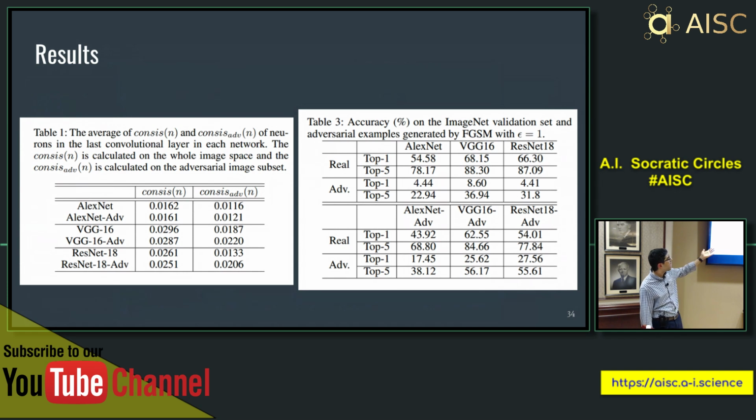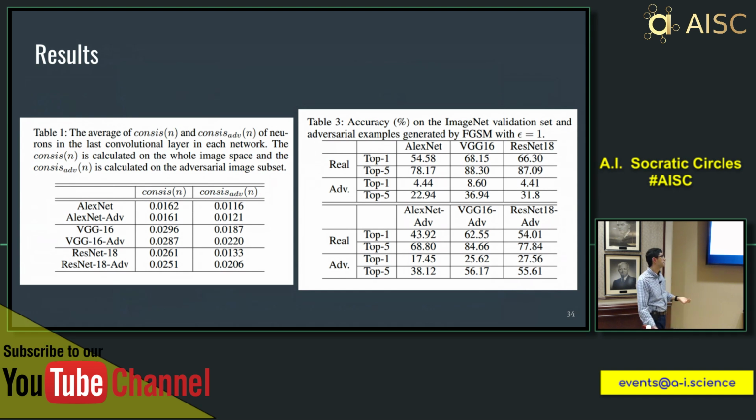And that's the same for accuracy. That's another goal of adversarial training, to become more accurate even for the adversarial examples. So the top one is the regular training. The bottom values are with adversarial training. As you can see, if we compare real values to adversarial values, for example, the top one dropped from 54% to 4% for regular training, and it dropped from 43% to 17%.